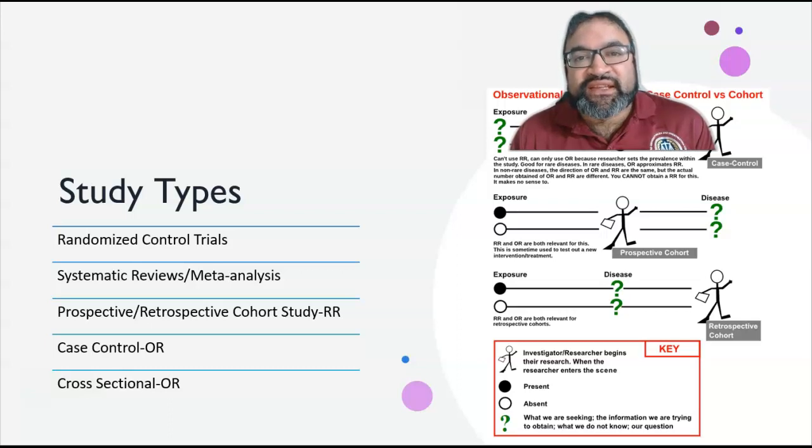And then finally, cross-sectional studies. These are studies that I've conducted a lot of. These are inexpensive to study, however, the disadvantage is that it's difficult to establish causation. So the most you can do is understand the association between the two variables.